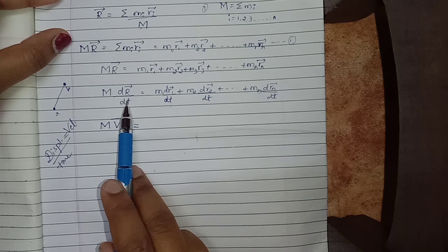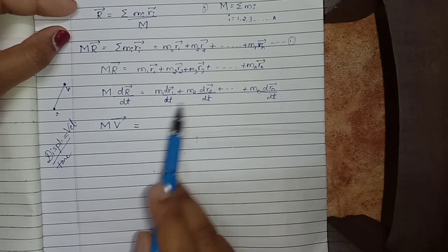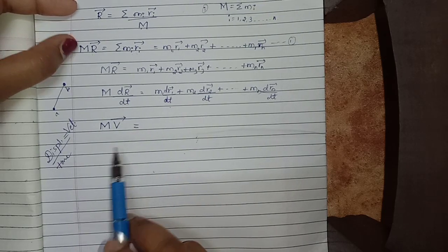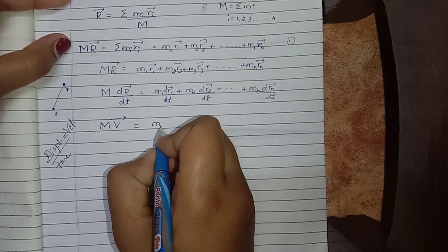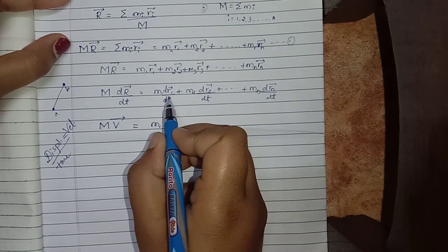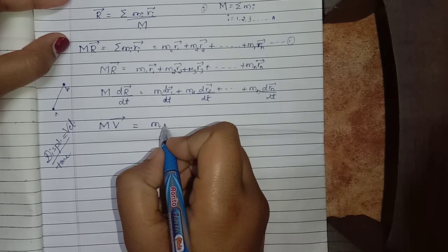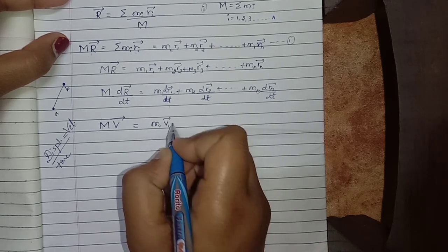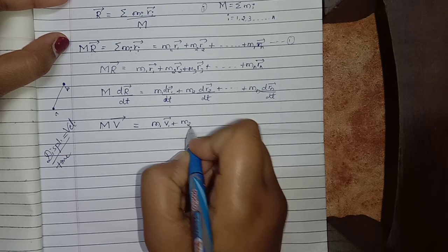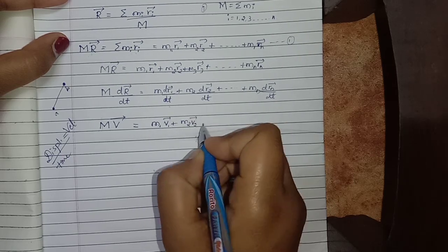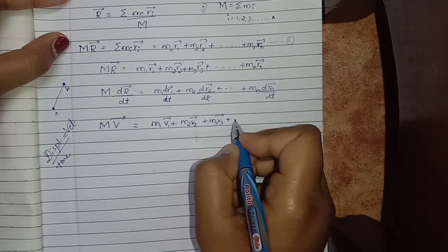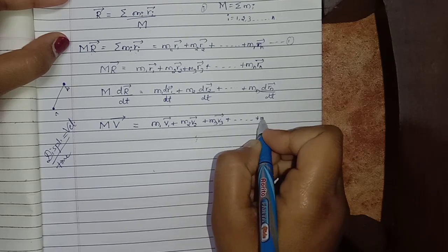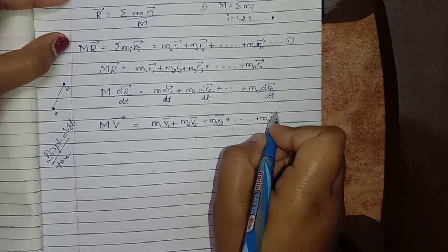So instead of dr by dt, I'll keep on writing the velocity. Here we have small r, so I will write m1 small v1 plus m2 small v2 plus m3 small v3 and so on up to mn vn.